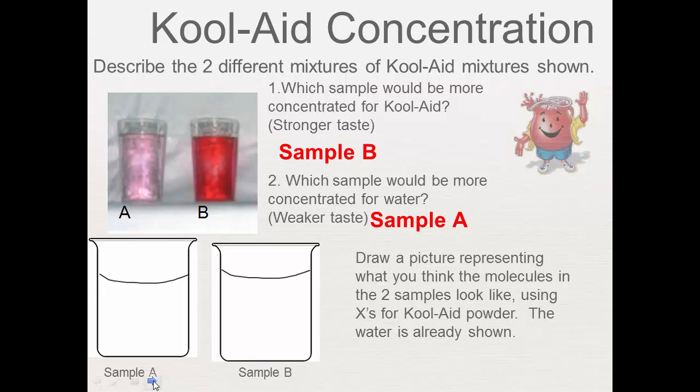So if we think about sample A and B, if the X's are representing these Kool-Aid molecules, A has fewer Kool-Aid molecules than B. We added more Kool-Aid to sample B, and that's why it's darker. That's why it tastes stronger, because there's more of these Kool-Aid molecules dissolved in that water.